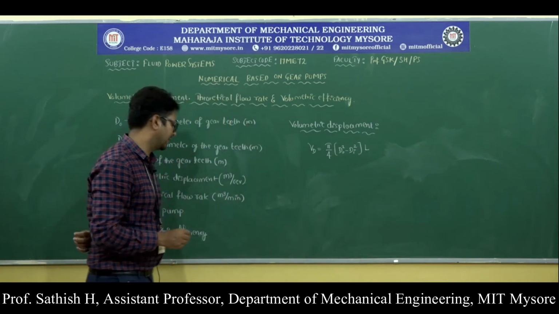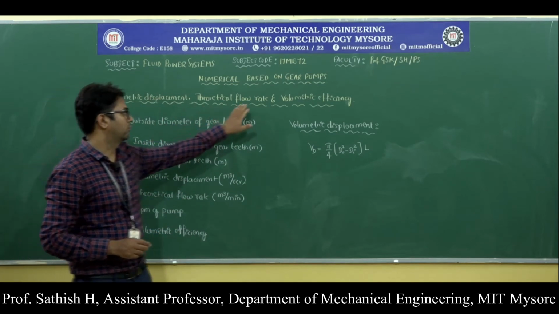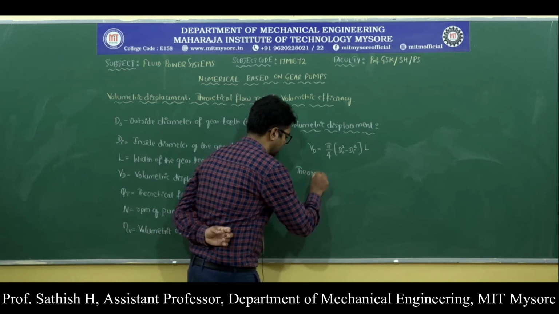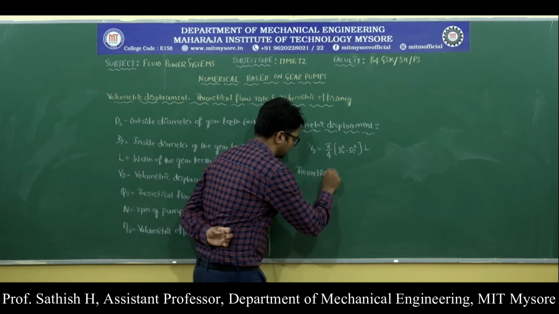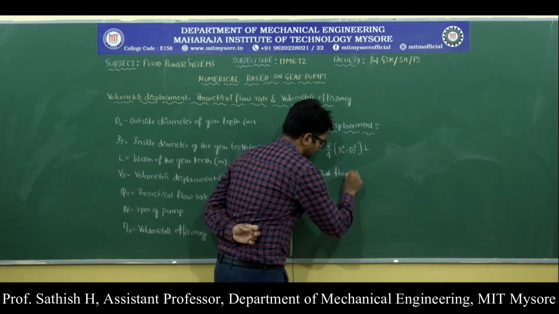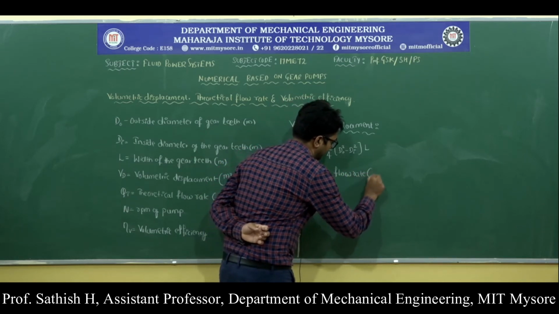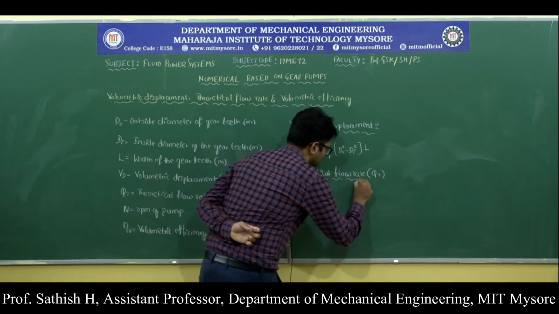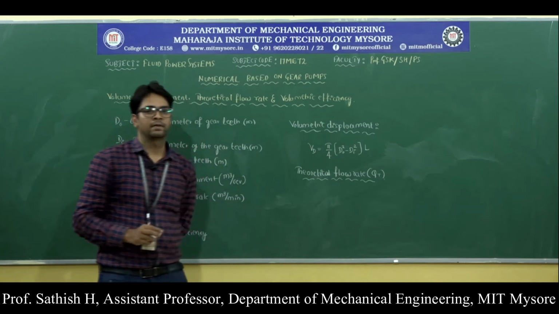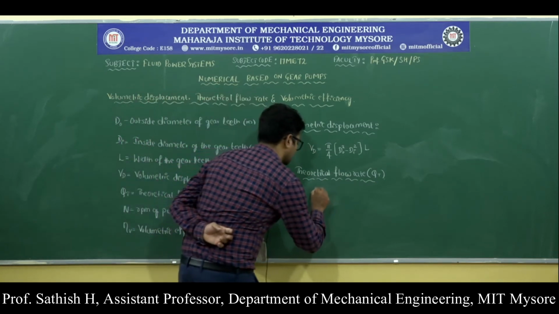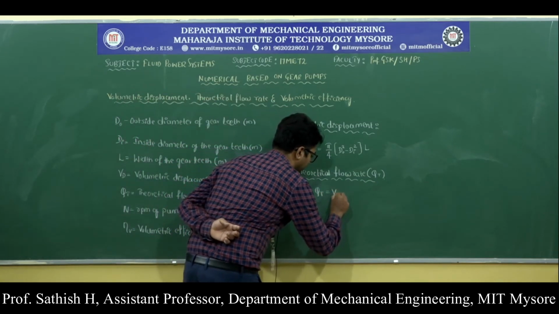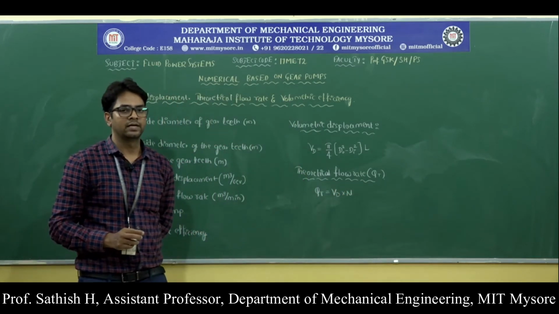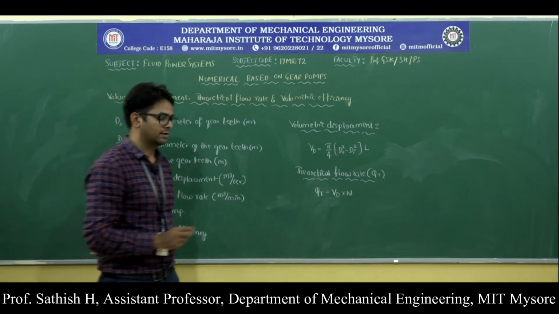Next we need to write the expression for the theoretical flow rate, Q suffix T, okay. The theoretical flow rate Qt is equal to Vd times N. So it is a multiplication of volumetric displacement times the number of revolutions of the pump, or the speed of the pump.